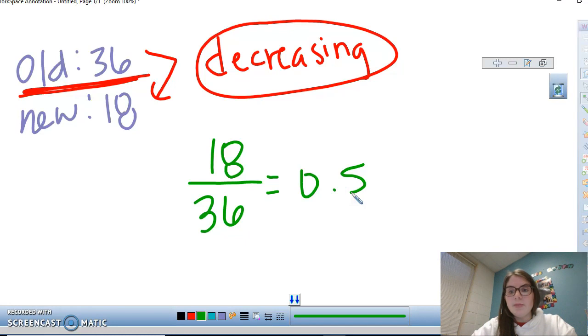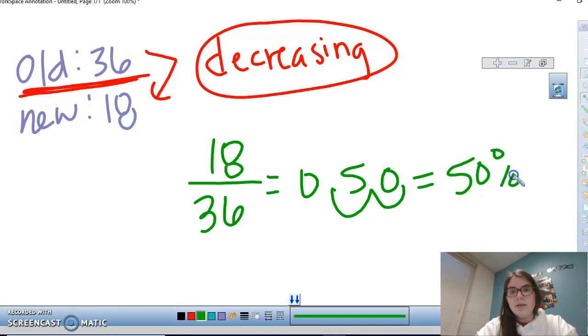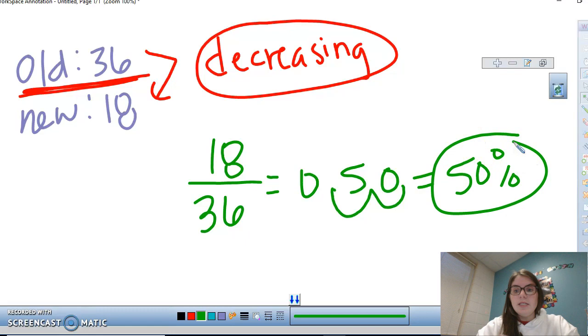Then I have to move my decimal 2 decimal places to get it to be a percent. So I'm going to move it 1, 2, and since I have an empty loop to scoop, I'm going to add a 0. So that makes this 50%. So it's decreasing by 50%, or it decreases 50%.